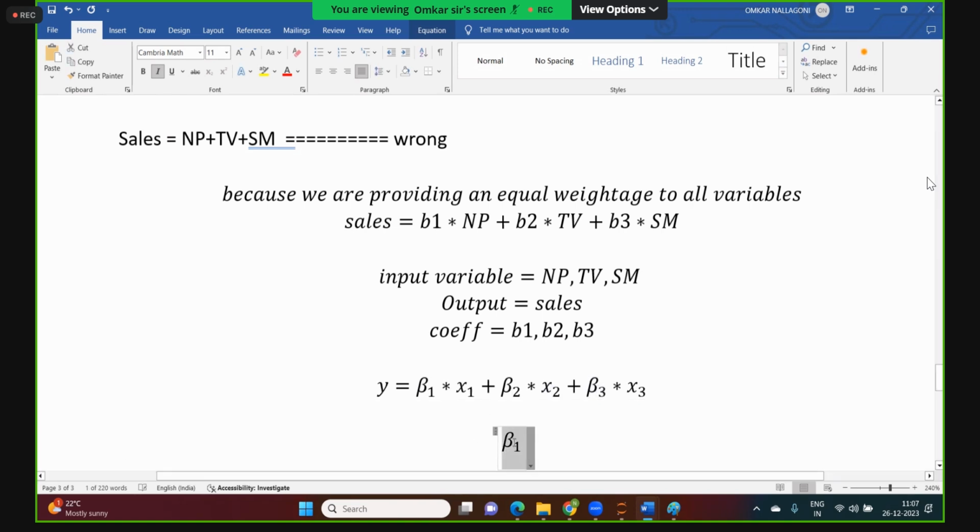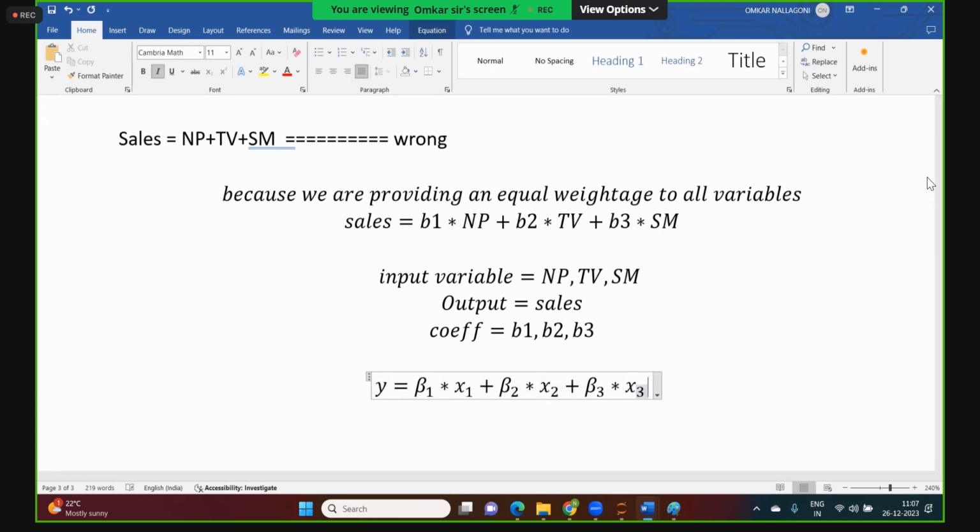And this is called the linear regression equation. Understood now? How is the linear regression equation found?